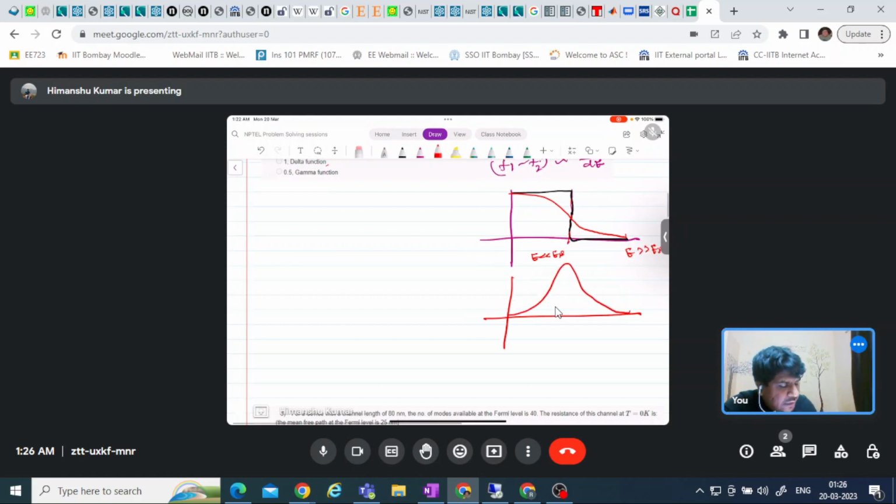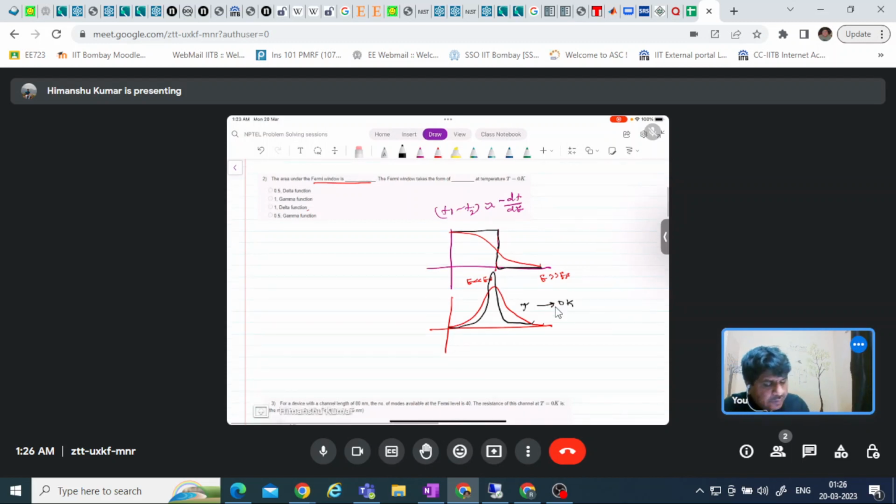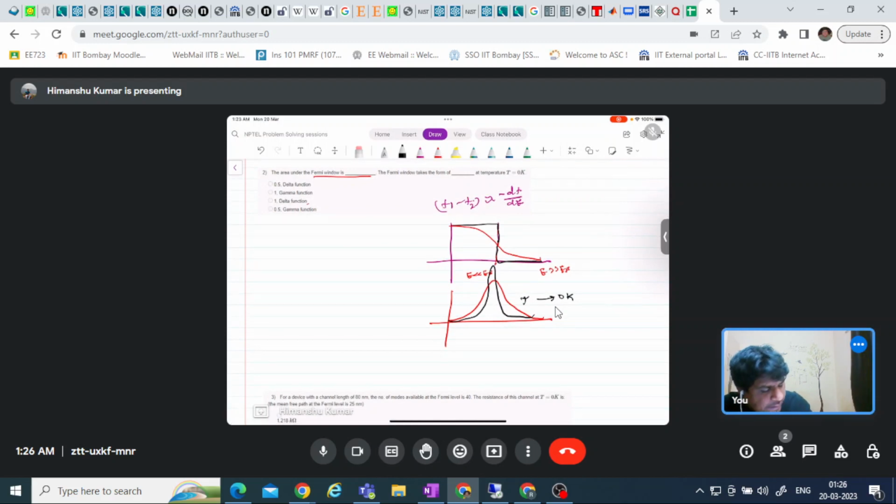As the temperature reduces, this peak becomes sharper. In the limit as temperature tends to 0 Kelvin, this will become a delta function, and the area under this curve is constant, that is 1, which is the area under the delta function.